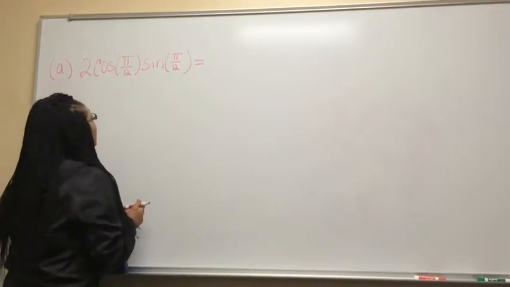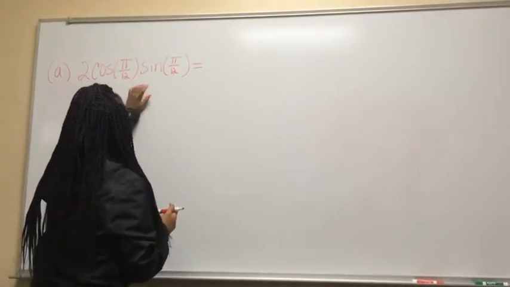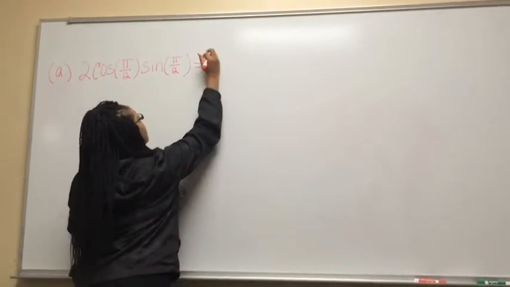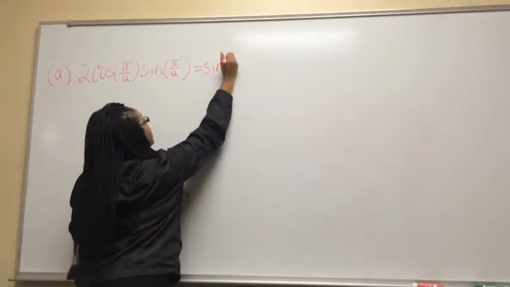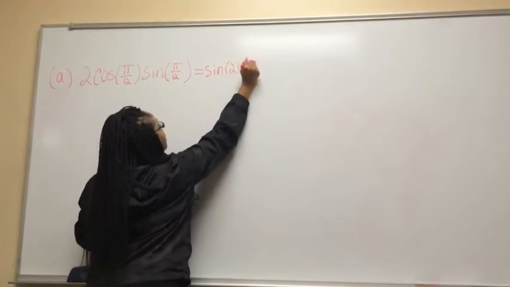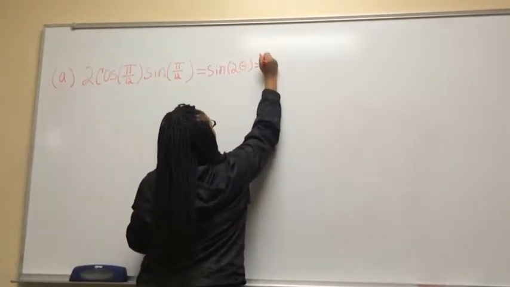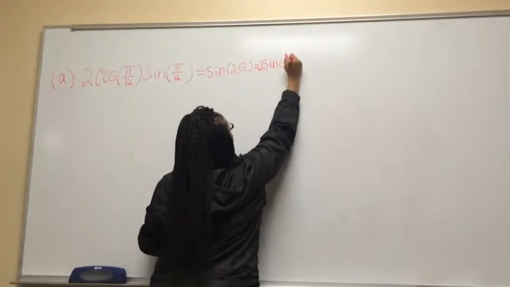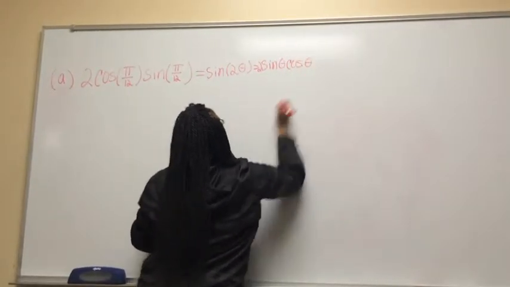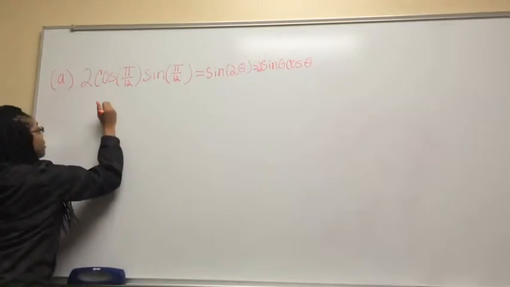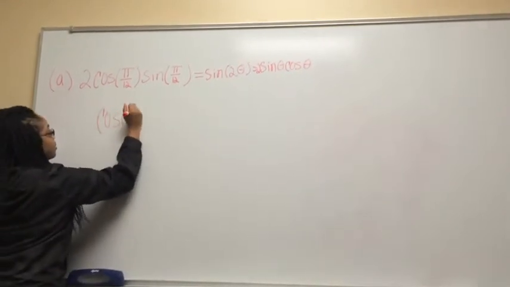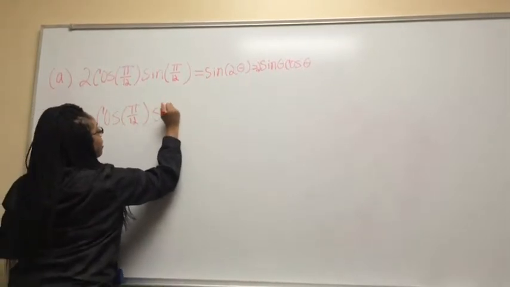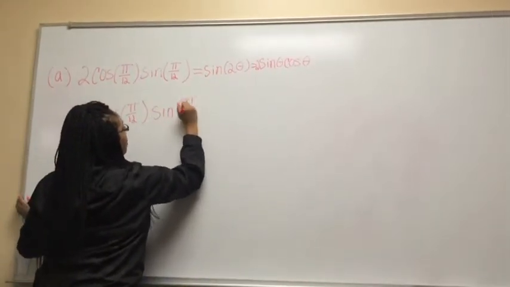2 cosine pi over 12 times sine pi over 12. I use problem number 4, which is sine 2 theta equals 2 sine theta cosine theta, which is broken down into cosine pi over 12 times sine pi over 12.